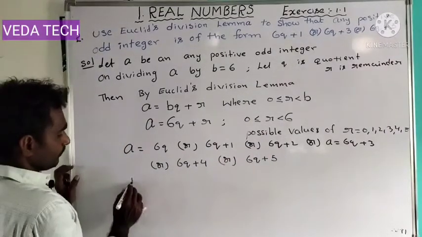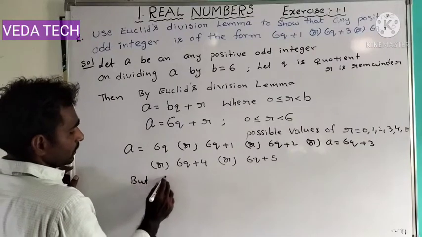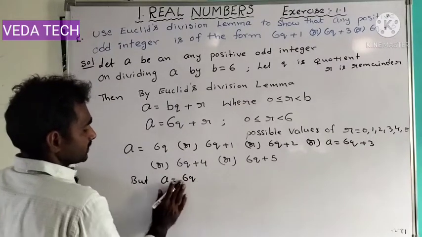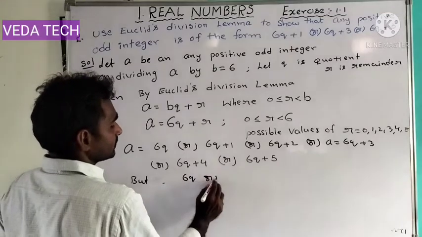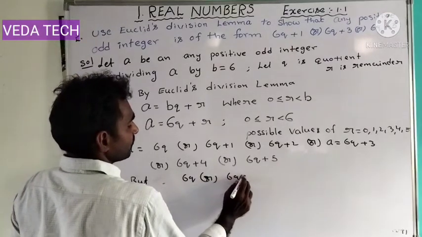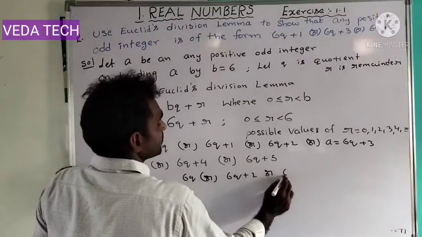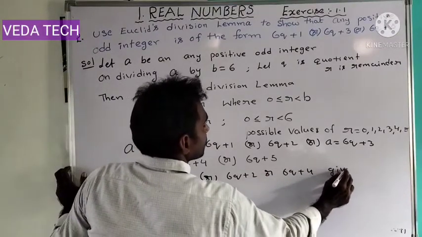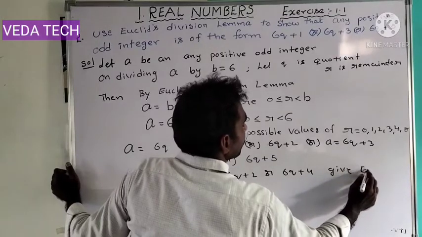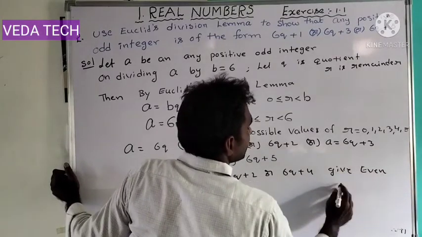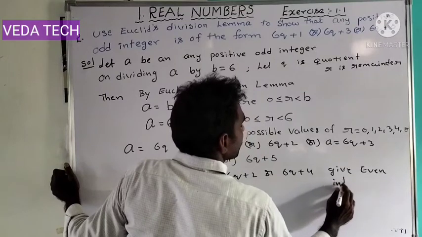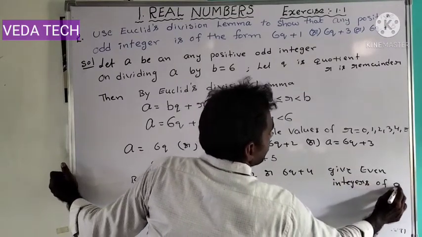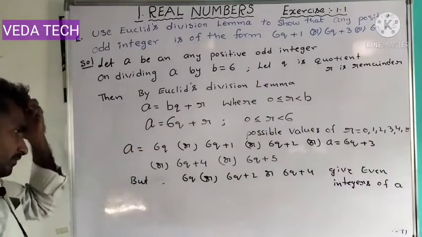But here, 6q and 6q plus 2 or 6q plus 4 give even integers of a.